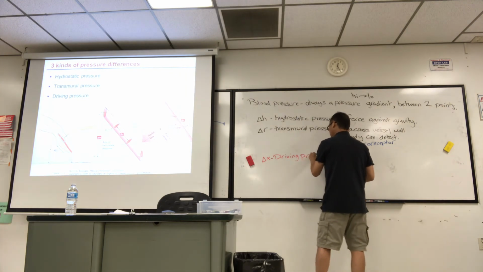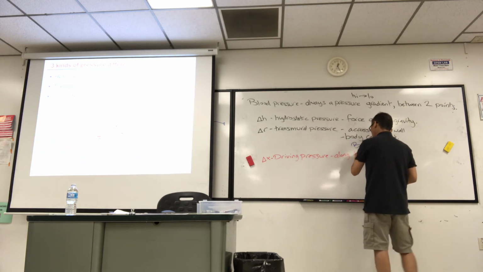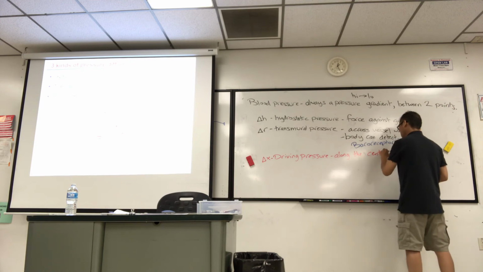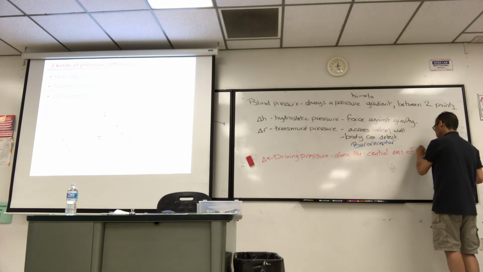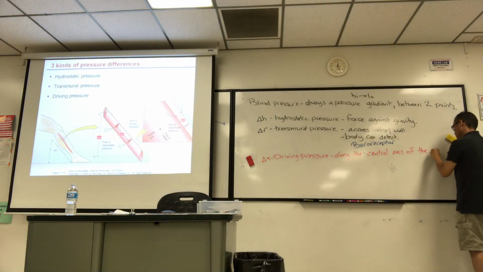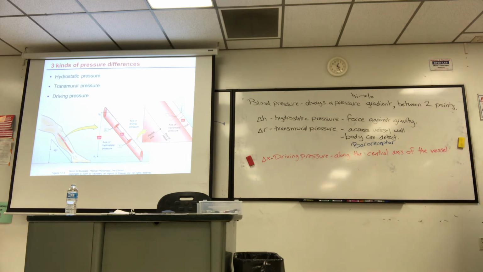The driving pressure is by definition along the central axis of the vessel. This is the pressure that's actually the one you measure on your patient. It's the one that's keeping blood driving from arteries to capillaries.